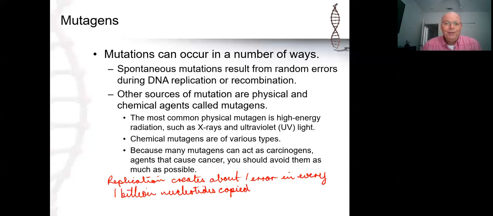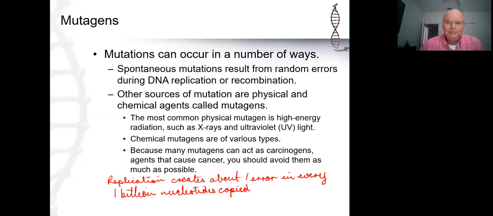So you can see that it is extremely accurate, but not perfectly accurate. It can make errors, and every one of those errors is a potential mistake or a potential mutation.